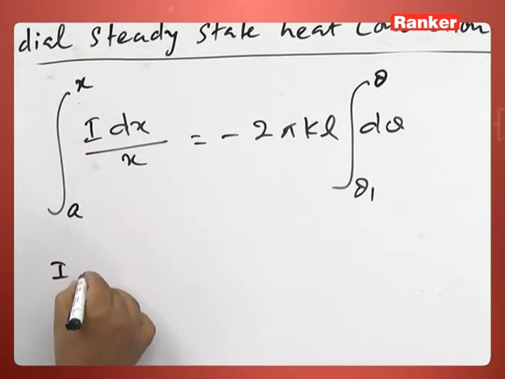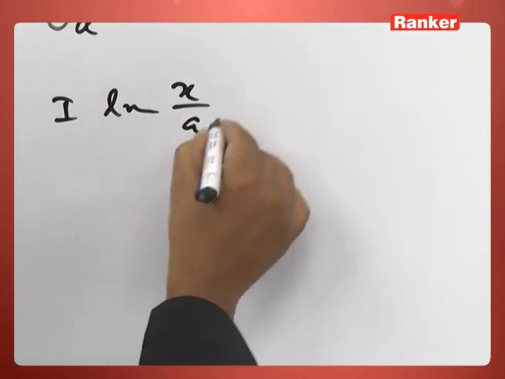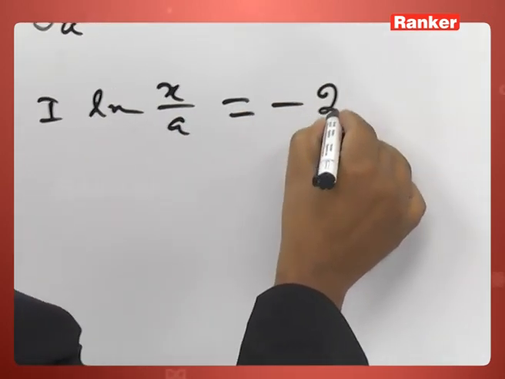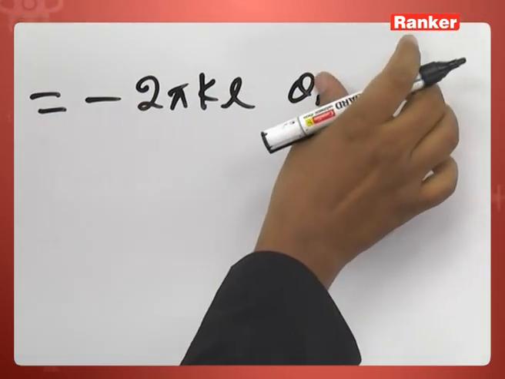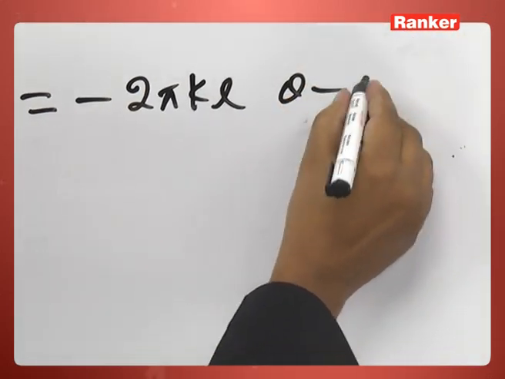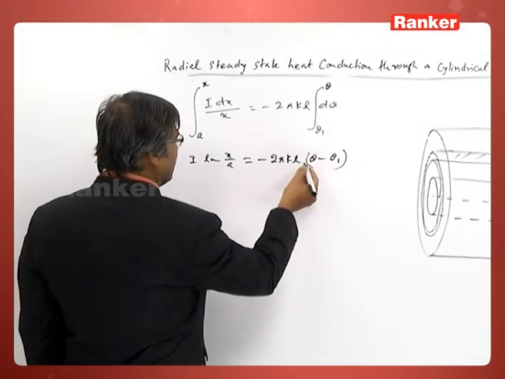So, I will get I is equal to ln x by A will be minus 2 pi k L, this is theta minus theta 1. So, we wish to calculate theta.